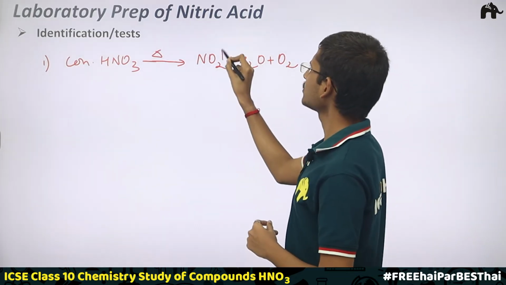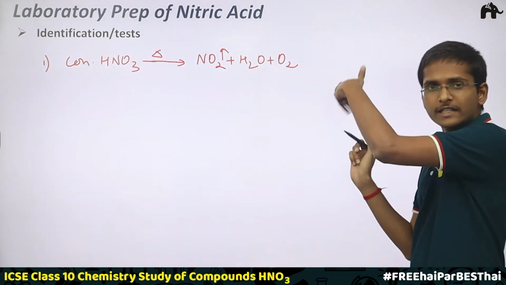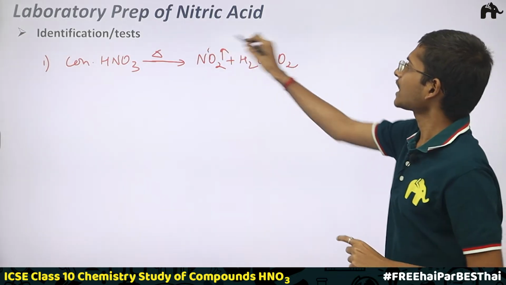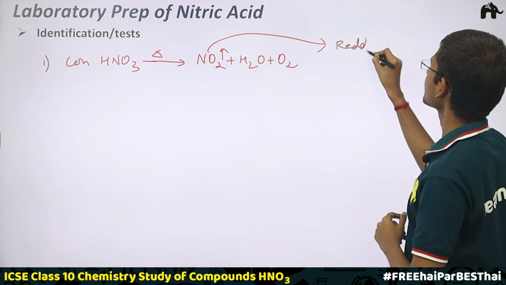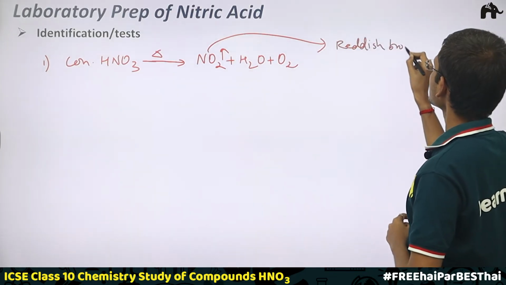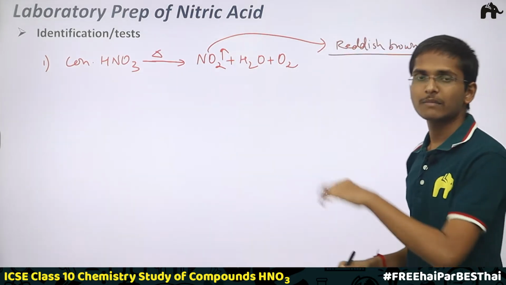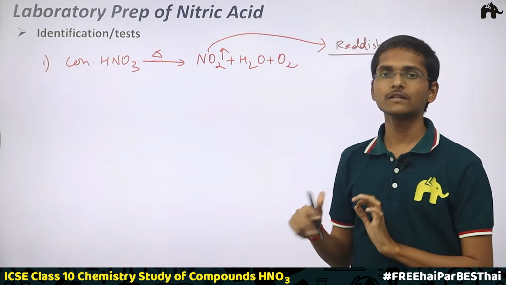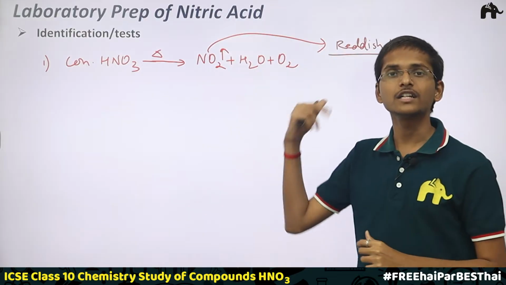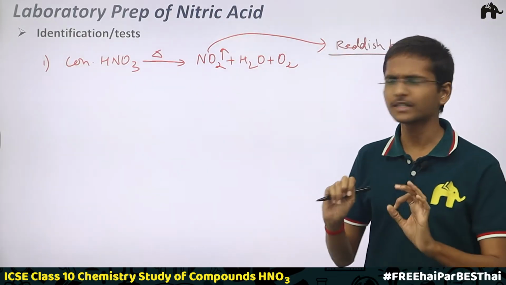This NO2 gas would be liberated, and I have already told you the color of NO2 gas is reddish brown. So the identification test you can write is: by taking concentrated nitric acid and heating it, we can observe reddish brown gas getting evolved. This was the first very simple test.